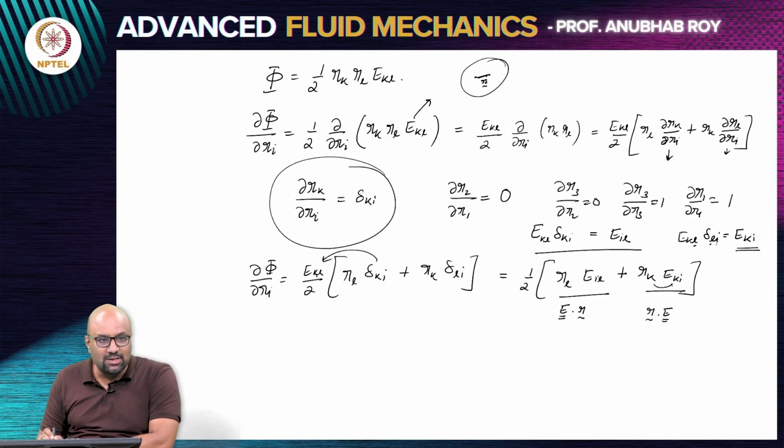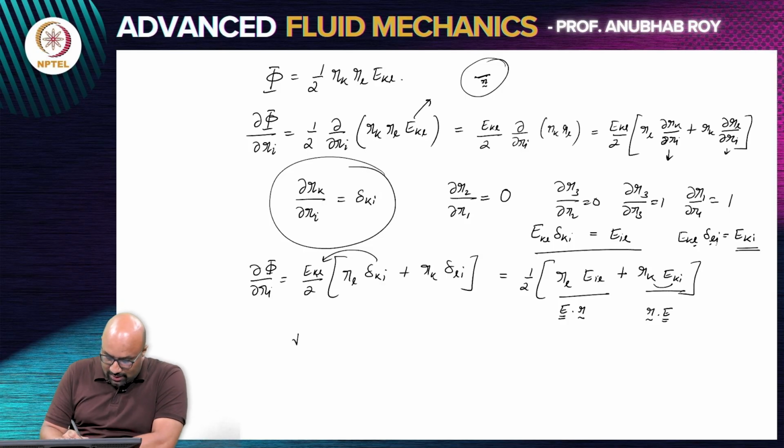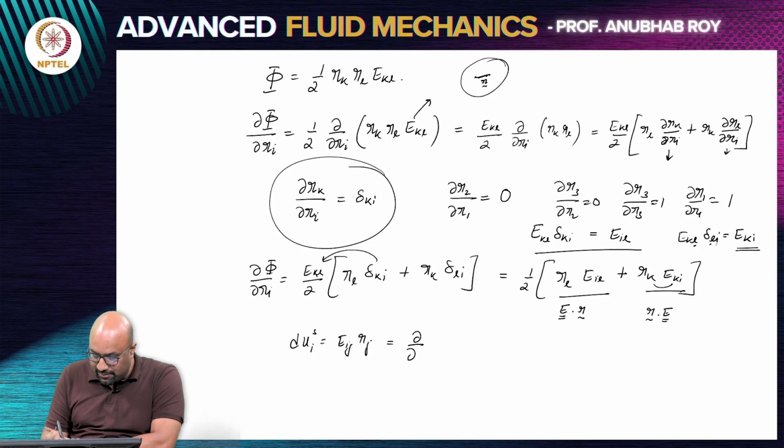Now, this seems a bit confusing, that the objective of doing all of this was to simplify what we had. Instead, my original point was that DUIS is E_ij R_j, and then by trying to convince you that this is actually the gradient of some scalar, I have landed here.